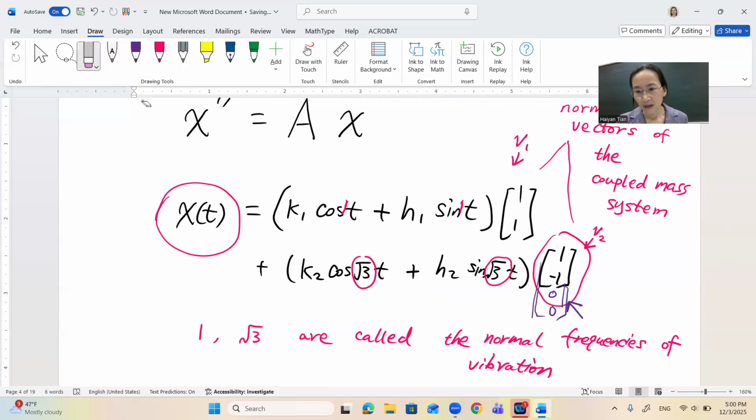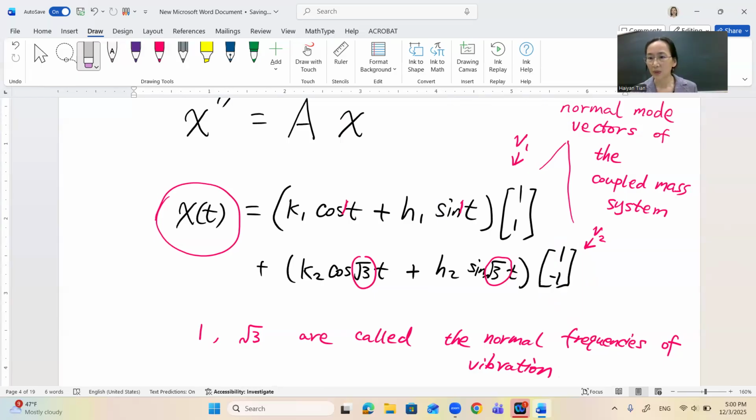So here, these 2 vectors, as I pointed out, are called normal mode vectors of the coupled mass system. Normal mode vectors. And so they can be used to represent the X solutions.